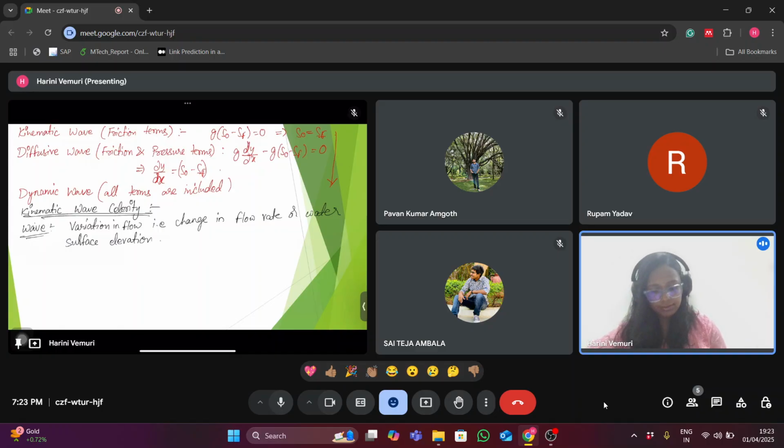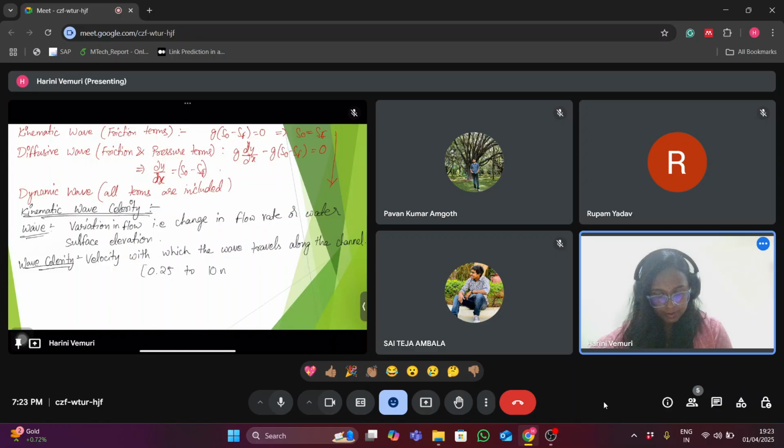It is called a wave. What is wave celerity? The velocity with which this wave travels along the channel is called wave celerity. Generally this value will range from 0.25 to 10 meters per second.